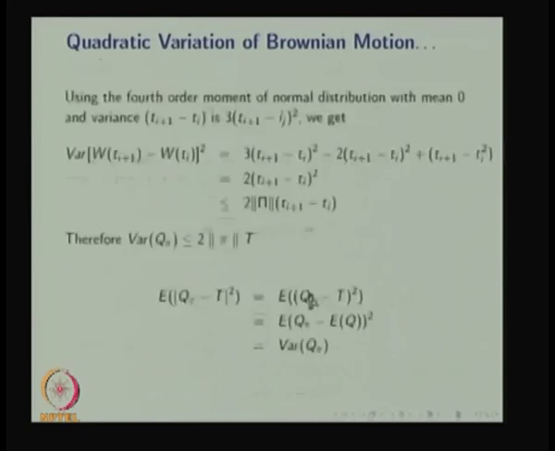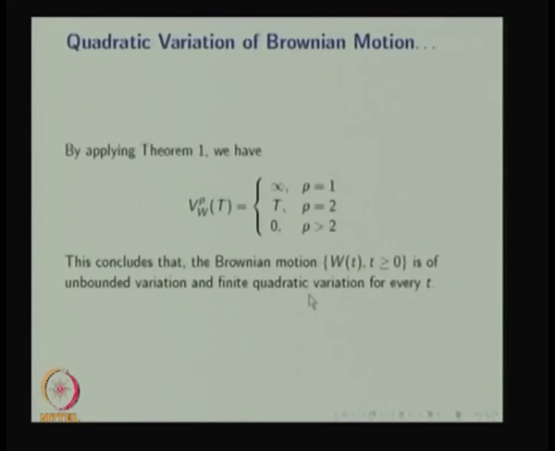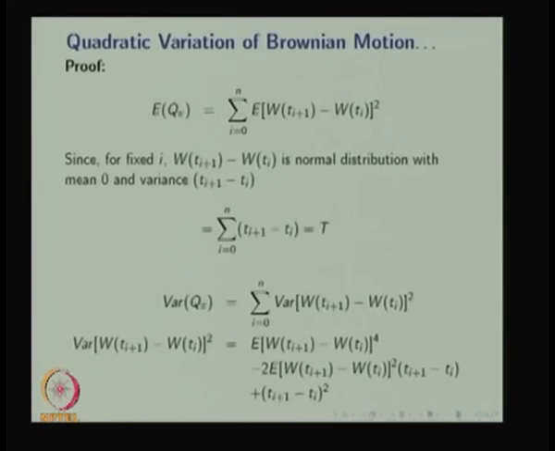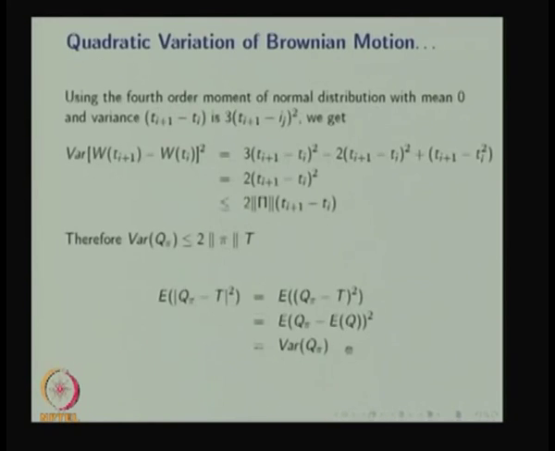the first term on the right hand side, the expectation of the difference of the random variable power 4, that is the fourth order moment, is nothing but 3 times (t_{i+1} minus t_i) whole square.